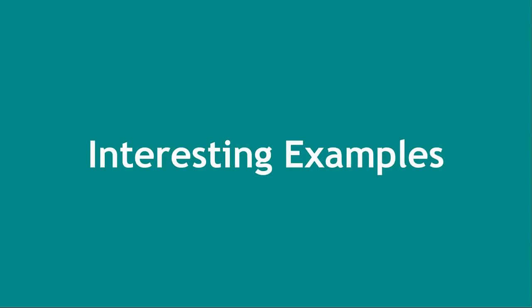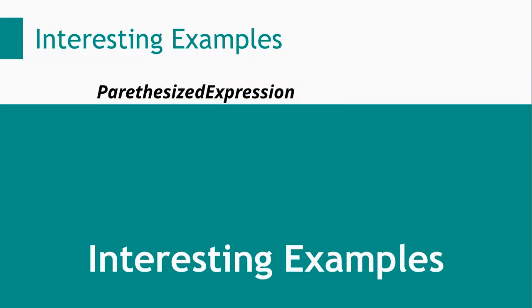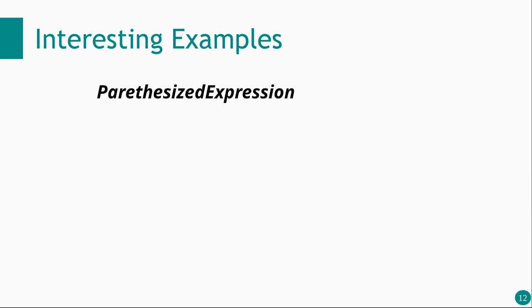Let's show some interesting examples. A parenthesized expression can be surrounded with arbitrary parentheses. The evaluated result will be unchanged. When you're trying to call a function, the arguments list is also a parenthesized expression, so you can surround it with arbitrary parentheses.